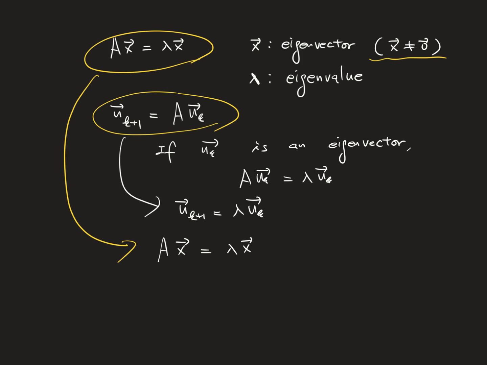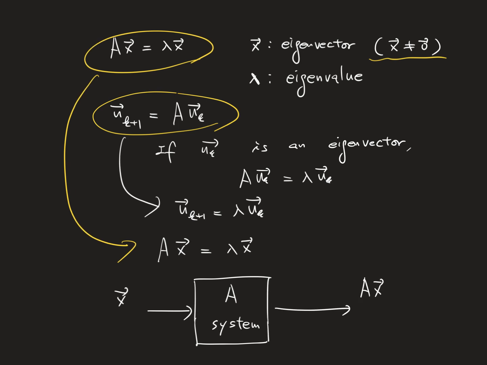So we consider a multiplication as just a system, and the input signal is the x vector, and the output signal is Ax. And in this equation, what we have is lambda x. That means scalar multiplication means that there is no direction change.